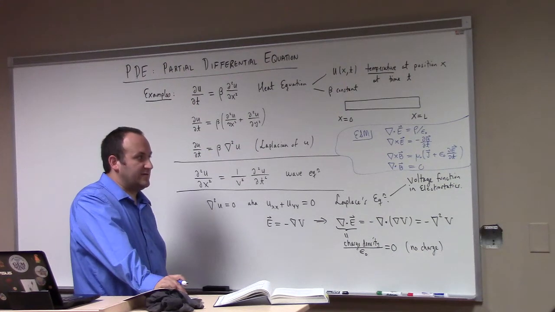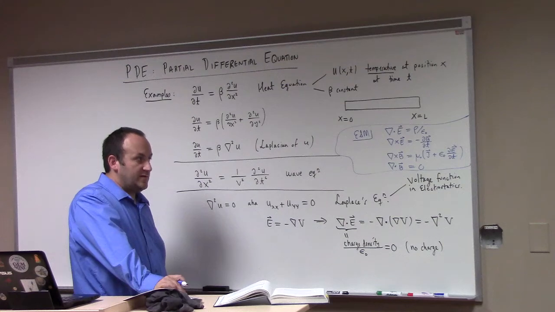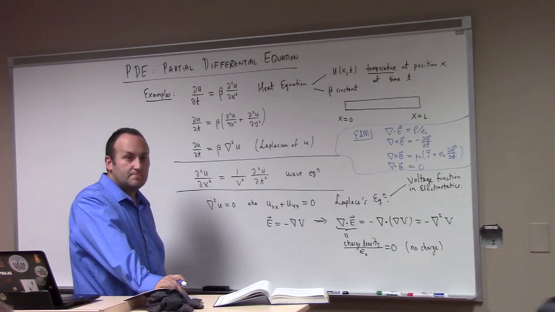Or maybe if you're an electrical engineer, you'll study these in your fields and waves course. But these are the basic equations of electromagnetism, and they're all partial differential equations. If you take a junior level course in electromagnetism, you'll spend most of your time trying to learn how to solve these, right?